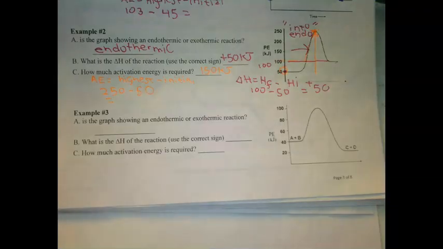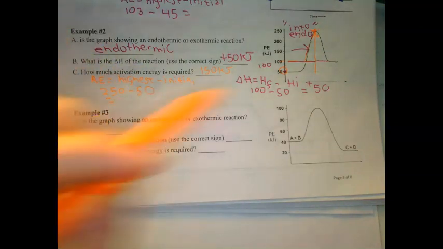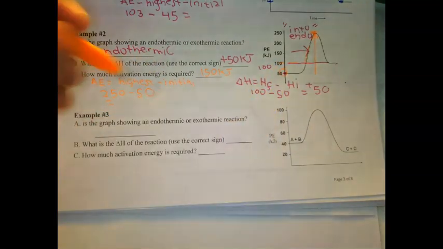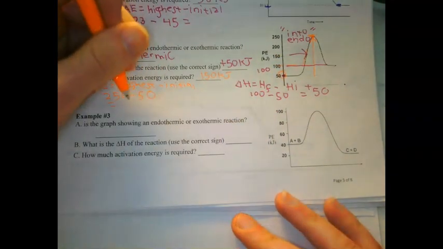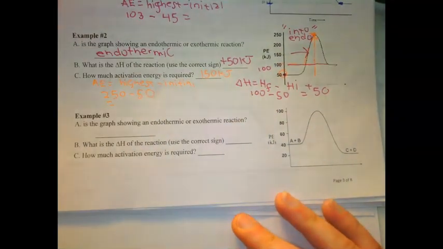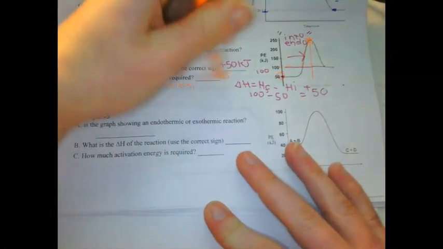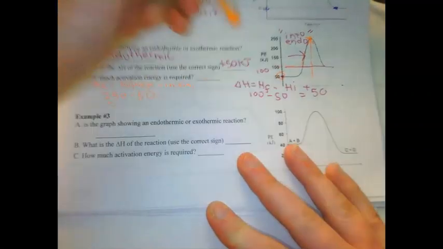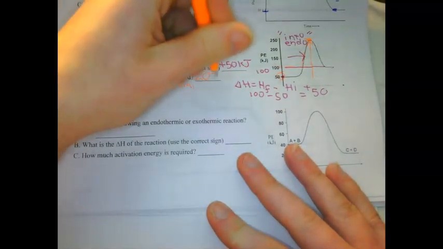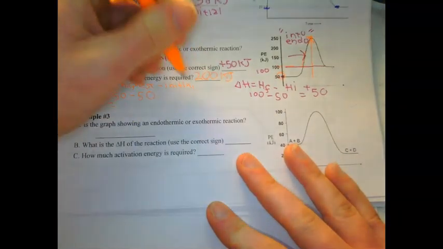So to finish that off, our highest minus initial, we've got 250 minus 50, because that's our initial. So our result is going to be 250 minus 50, which is 200. 200 kilojoules.